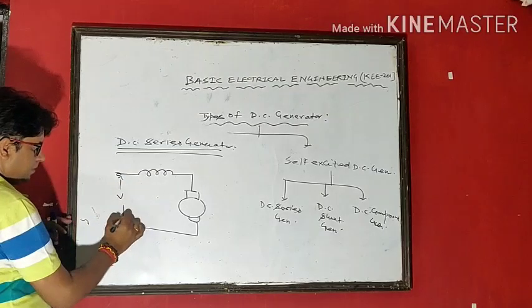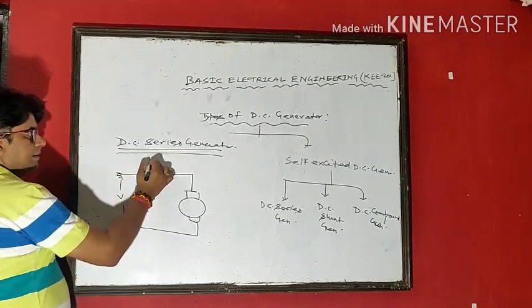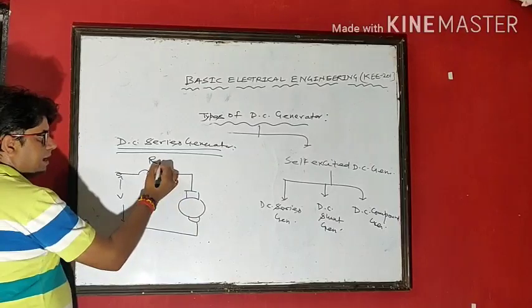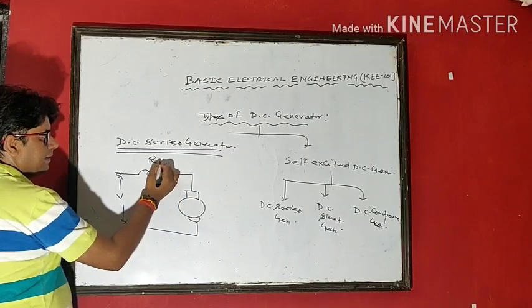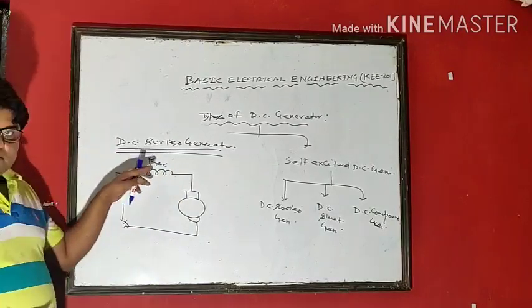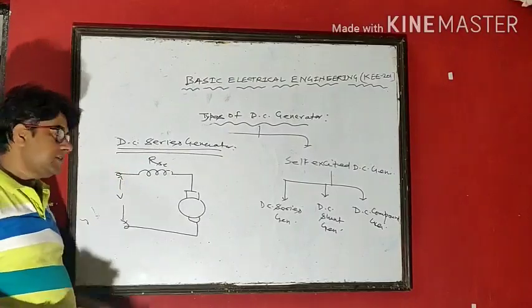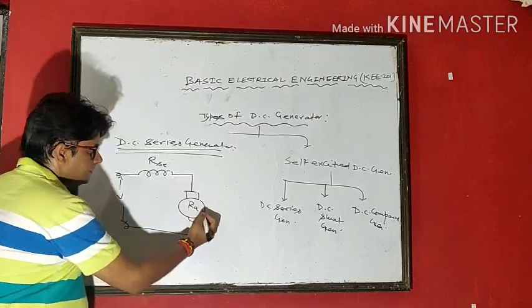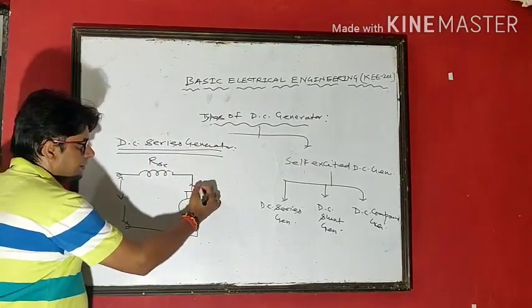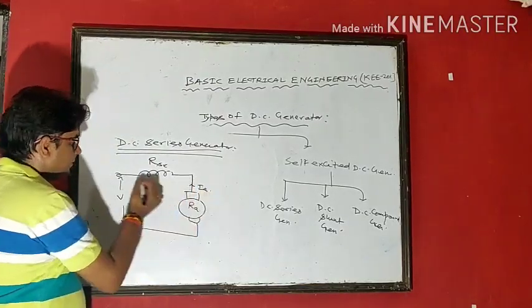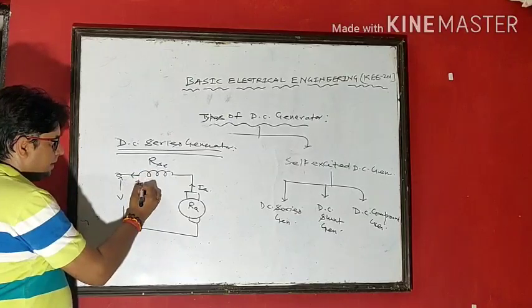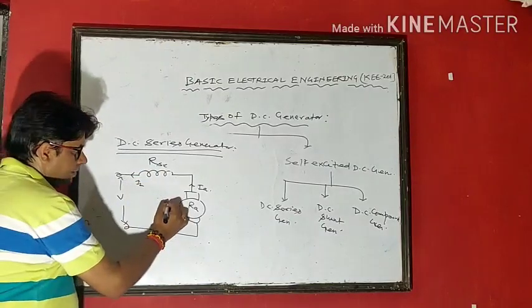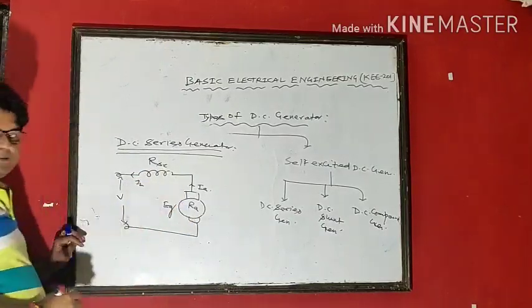This is your terminal voltage. This is your field, that is RSE. R means resistance, SE means series. RA is armature resistance, here is armature current IA, here is IL, and here is the EMF generated EG.